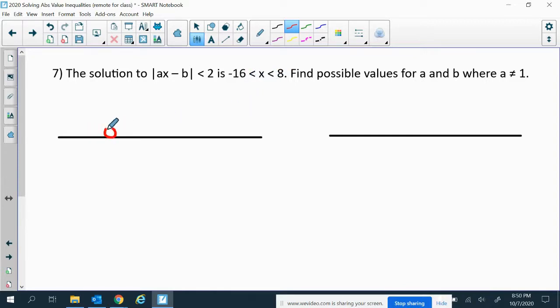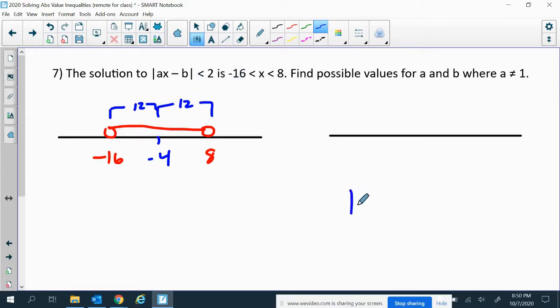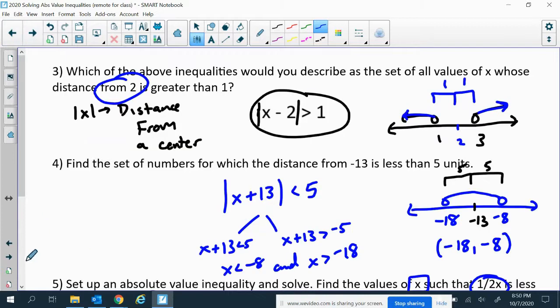So I'm going to graph that real quick. The center of this would be at negative 4. And notice that my distances are going to be 12. So ultimately, when I find absolute value of ax minus b is less than 2, my goal is for this graph of a times x, because this is very similar to this problem.